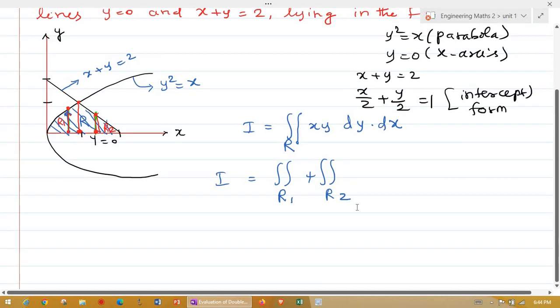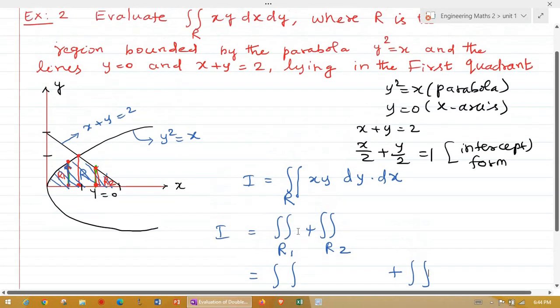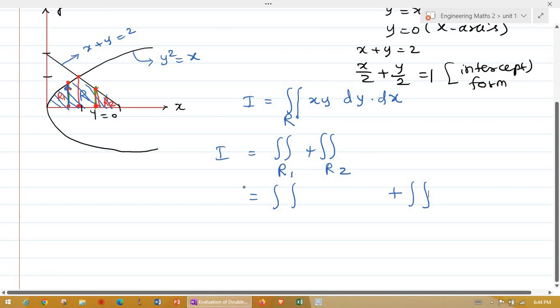Then how do we write the limits for region 1 and for region 2? The integrand is the same: xy dy dx.